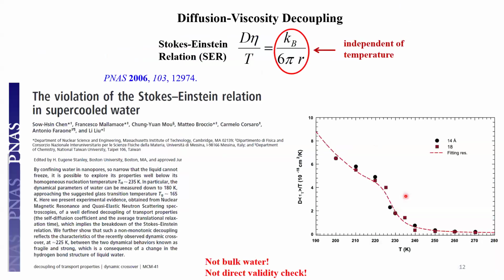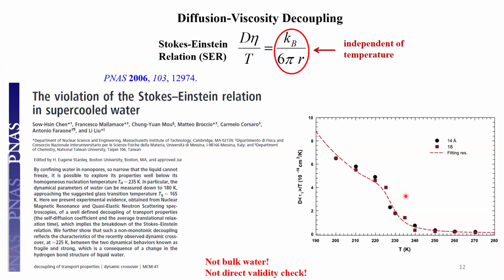Now, the question is, apart from the fragile to strong transition, which is still a debated topic and not yet validated or explained properly, our interest here is the diffusion-viscosity decoupling, or in more general terms, Stokes-Einstein breakdown.